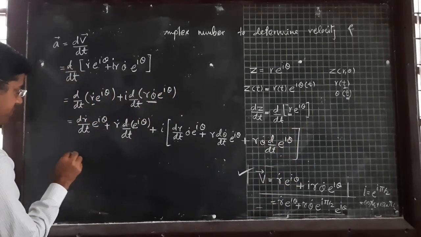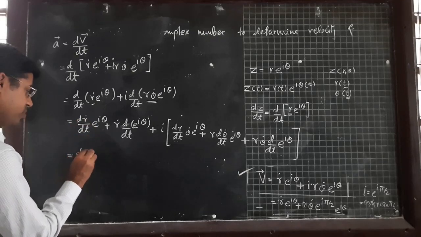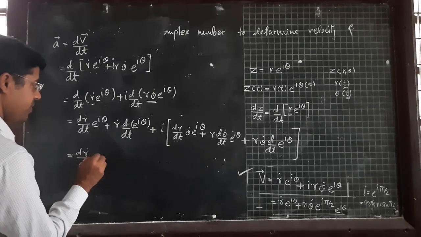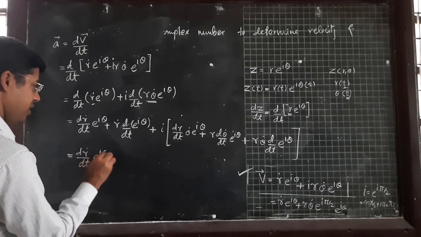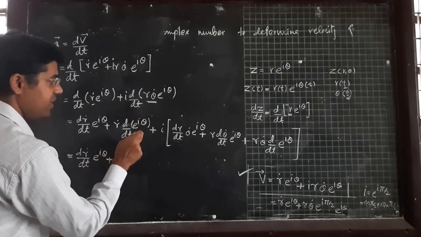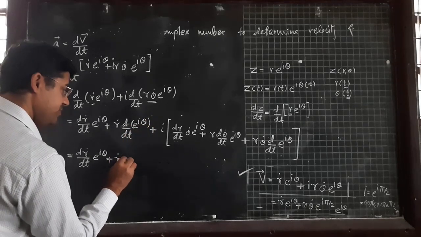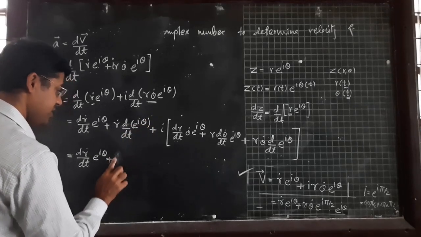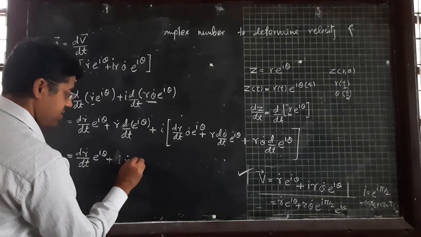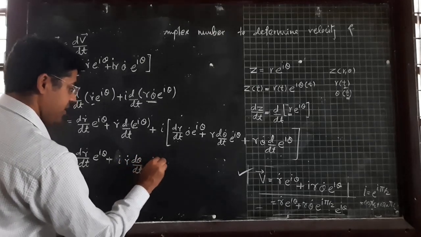Okay, now we know this is what dr by dt means. We can write in terms of, or we will write one more step, dr dot by dt. Okay, so e raised to i theta plus r dot, what we can write for this one, i times d theta by dt. Okay, so this is, I will take outside suppose, here is i, r d theta by dt and e raised to i theta.